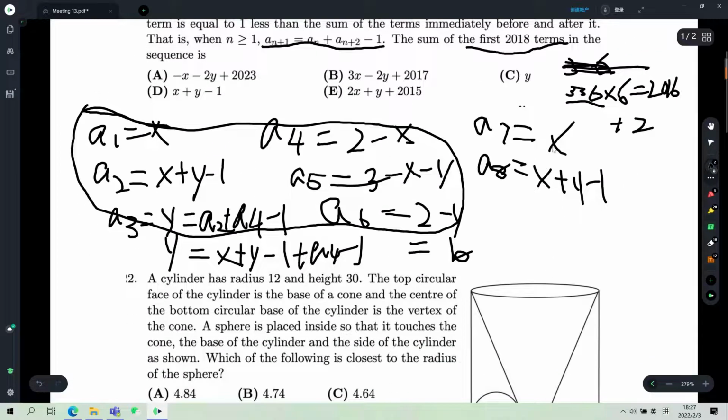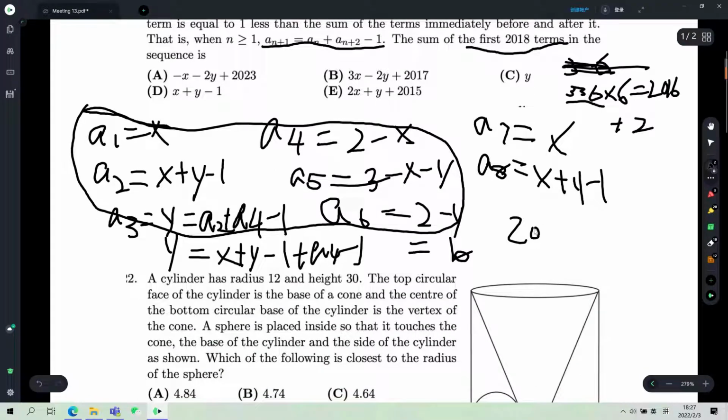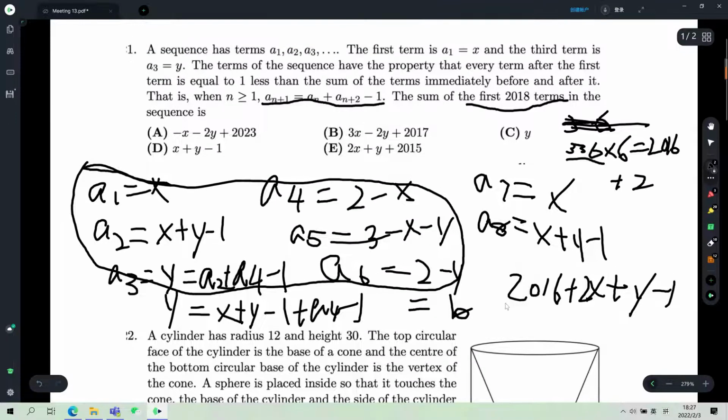The extra 2 are x plus y minus 1. So for the 336 sequences, the sum is 2016, and we need to add the extra 2 terms. So the final answer is E.